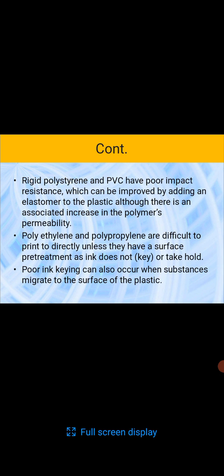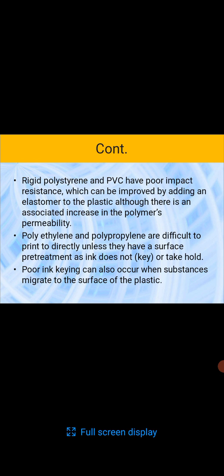Rigid polystyrene and PVC have poor impact resistance, which can be improved by adding elastomers to the plastic, although there is an associated increase in the polymer's permeability.